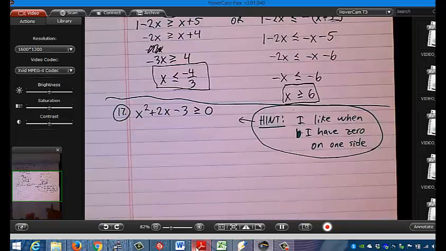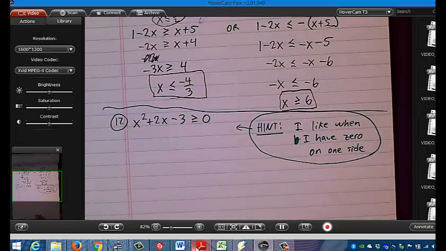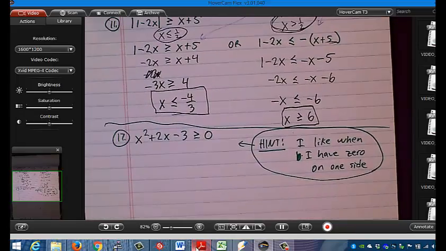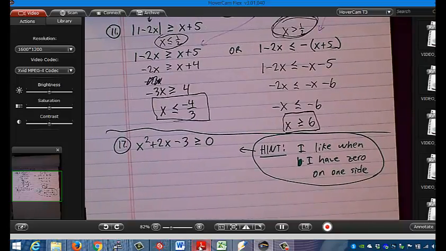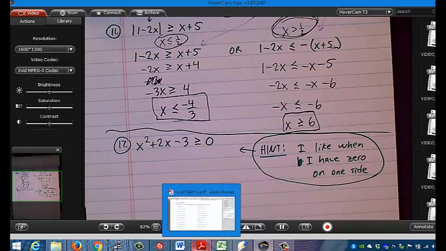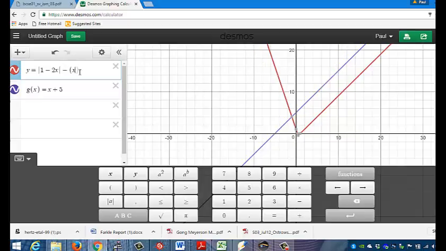As a matter of fact, going to the last problem, when we were looking at Desmos, the way I did it was I got two functions, right? 1 minus 2x and x plus 5. Some people would do the problem this way. They would say, hey, let's just subtract the x plus 5.